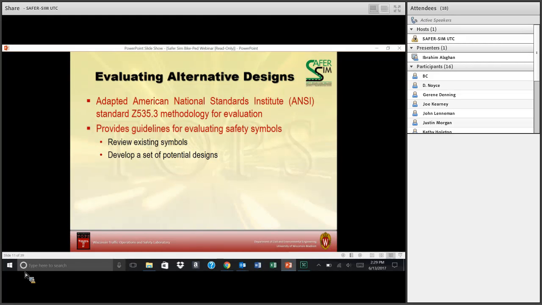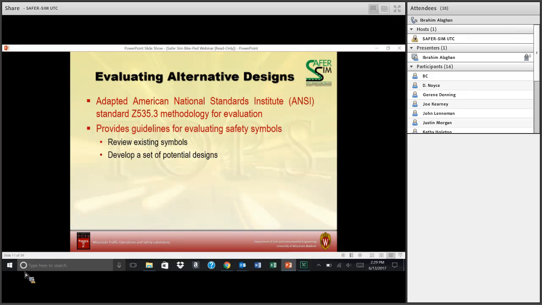Okay, so to begin, to develop and evaluate countermeasures, we had to find what kind of methodology we could use.